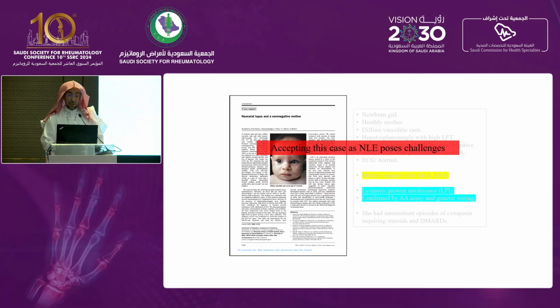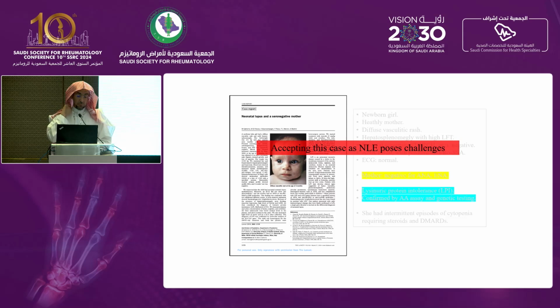So the second case is an 11-year-old girl. Her symptoms started at the age of 16 months, diagnosed as lupus at the age of 4 years. Maybe this case, I shared with many of you in other presentations.